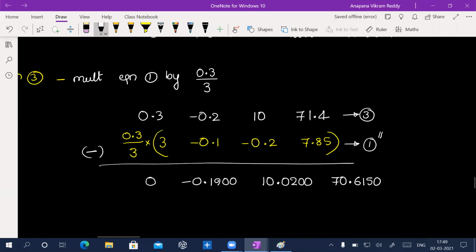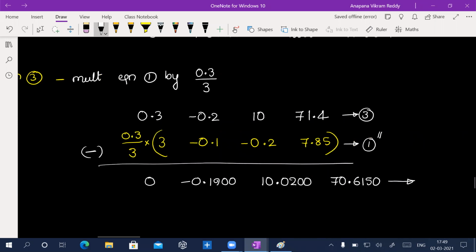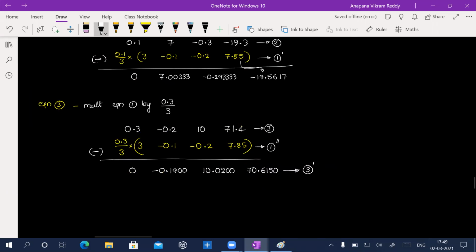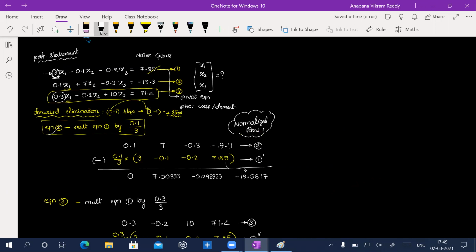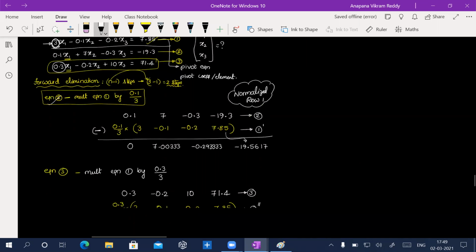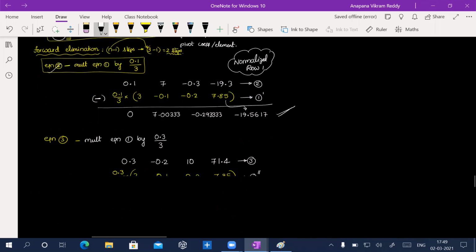Yes, sir. And this is your modified equation, okay? So now you put together everything. I have my equation number 1 is this, and I have my modified equation number 3, the last one.